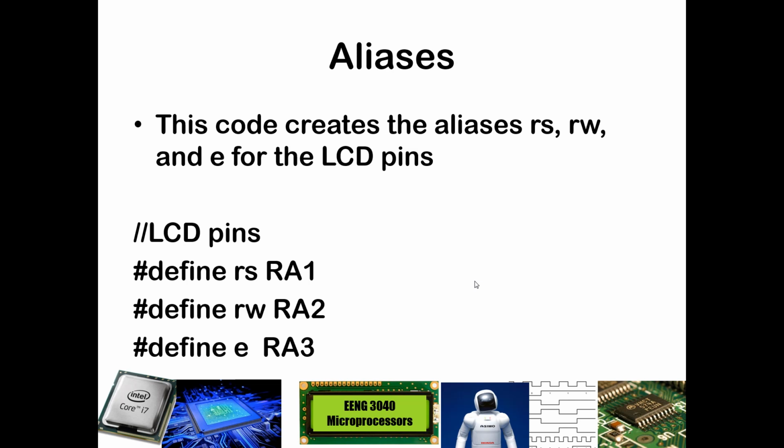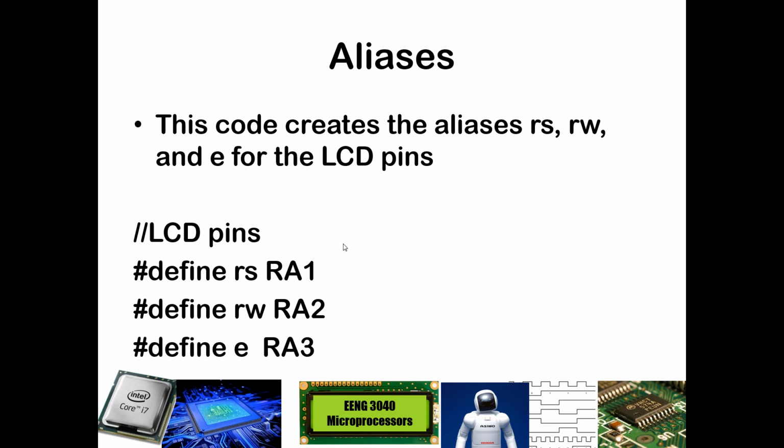Aliases are defined this way, so these are the pins that we're using for our LCD. So our RS pin is attached to port A bit 1, so that's RA1. RW is attached to RA2, and E is attached to RA3. You'll notice here that I'm not specifically saying port A, comma 1. You can in C now directly refer to each of those pins.